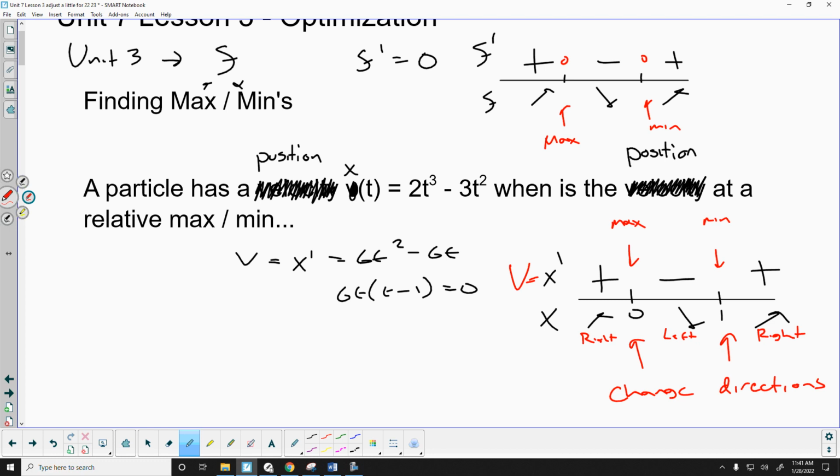We are going to be asked questions about maxes and mins, but just a little bit differently. It's going to be like, hey, when is my position furthest right? You got to understand, oh, it's just a max position.